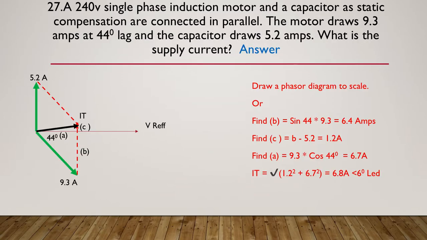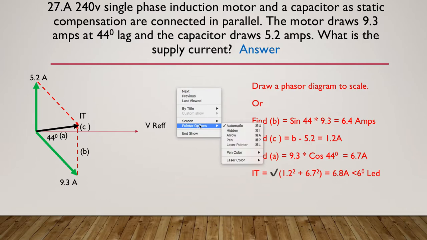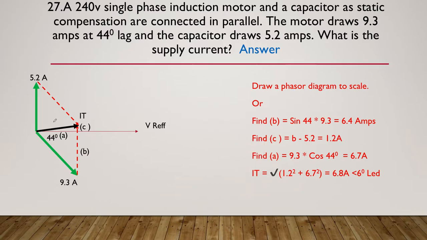Welcome back. Let's have a look at the answer now. I've just very roughly drawn the phasor diagram. So I'll just change my pointer to the pen. Our capacitor, its current is directly up at 90 degrees. Here's our inductor at 9.3 amps at our 44 degrees.